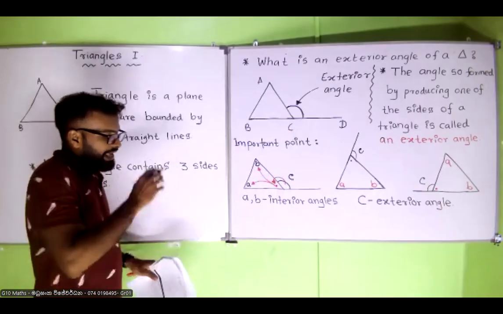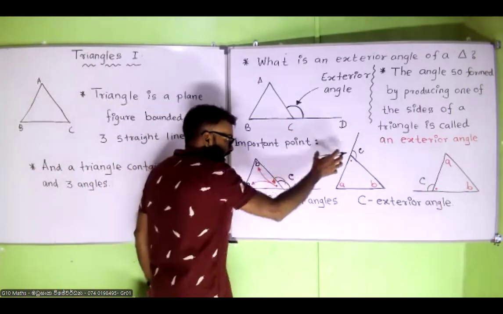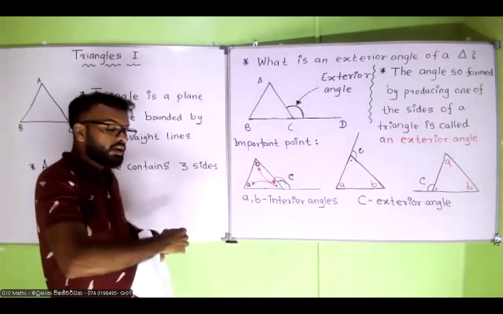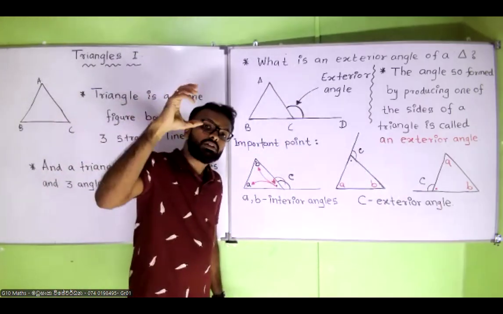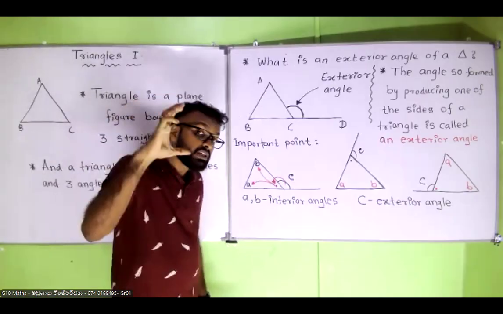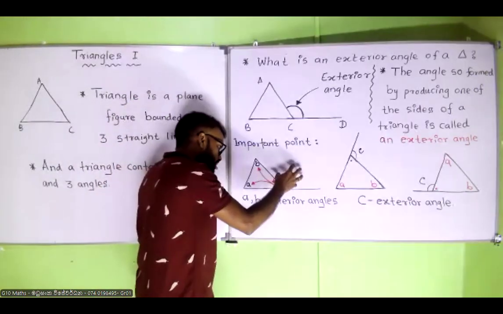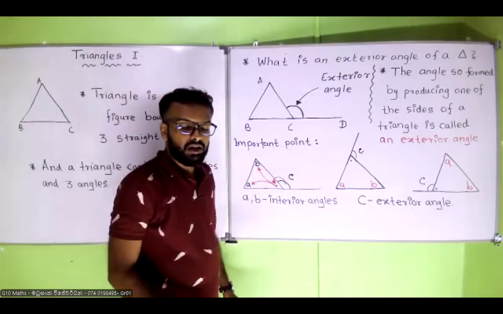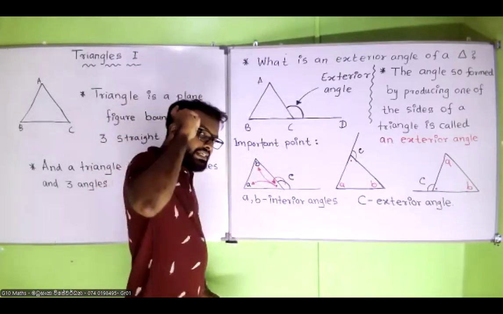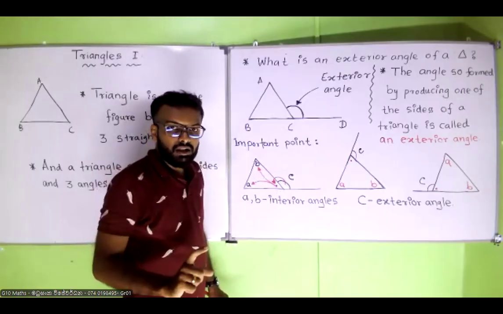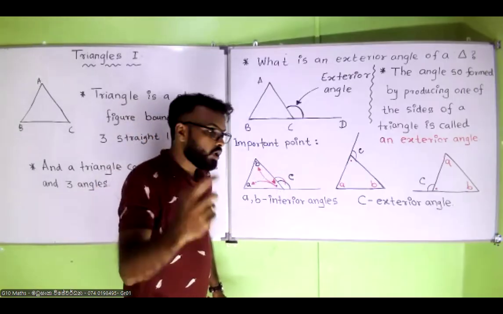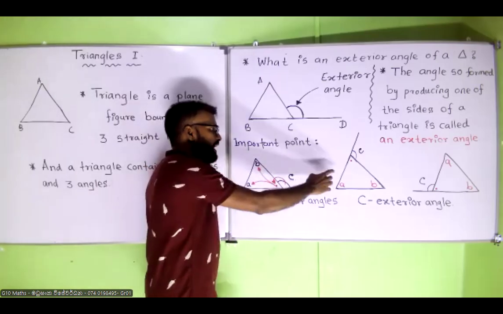By looking at these three figures, you can identify something special. If this C becomes the exterior angle of the triangle, then for each and every exterior angle of a triangle there are two opposite interior angles.